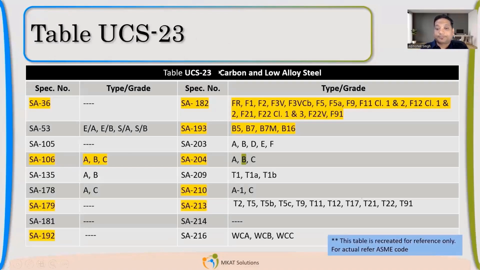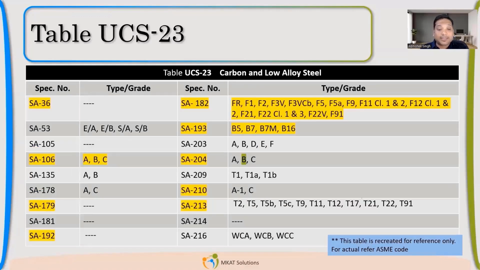Now, this is table UCS 23 for you. Here you will be able to find the different grades which can be used. I have highlighted the ones which we typically use. So 106, 179, 192, these are the materials which we typically use.